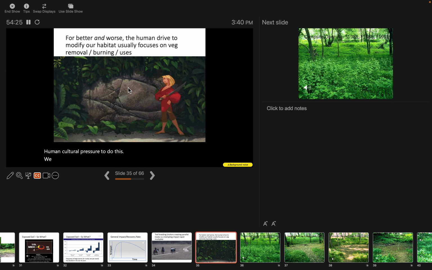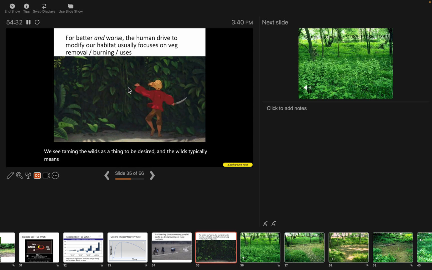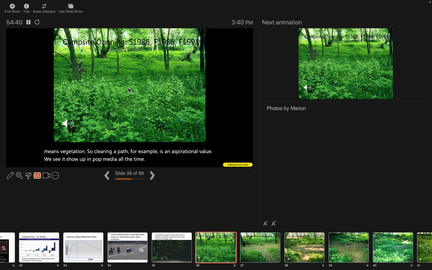We see taming the wilds as a thing to be desired, and the wilds typically means vegetation. So clearing a path, for example, is an aspirational value. We see it show up in pop media all the time. For an illustration of how injurious that popular idea of clearing back vegetation can be, here's a campsite recovery study.